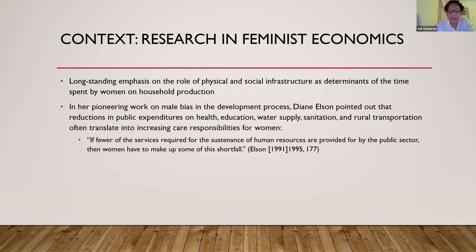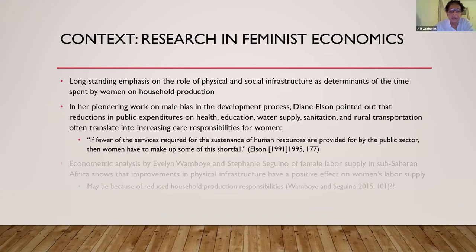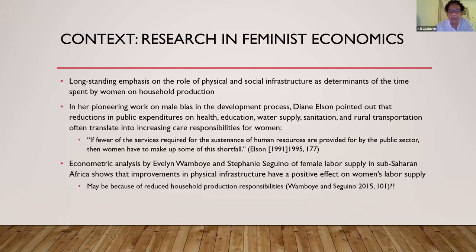Going back to Diane Elson in her 1991 book on male bias in the development process, she had pointed out how austerity measures, which unfortunately many of us in the global south are now dealing with, reductions in public expenditures on health, education, water supply, sanitation, and rural transportation, often translate into increased household and care responsibilities for women.